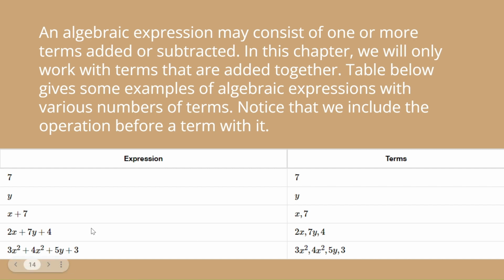So the expressions are 7y, x plus 7, 2x plus 7y plus 4, 3x squared plus 4x squared plus 5y plus 3. The terms will be 7y; x and 7; 2x, 7y and 4; 3x squared, 4x squared, 5y and 3.